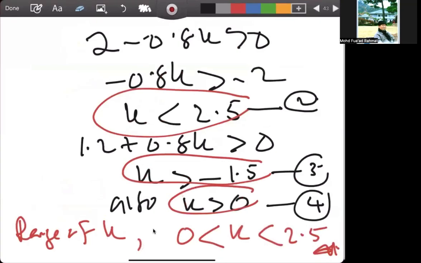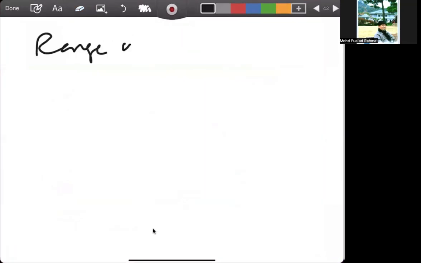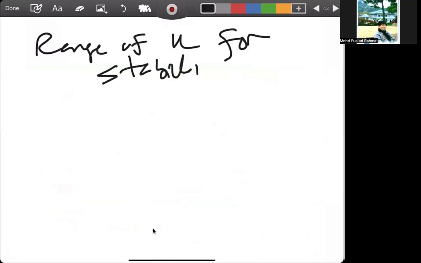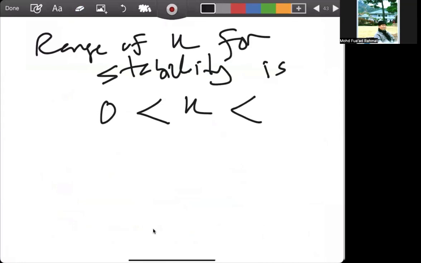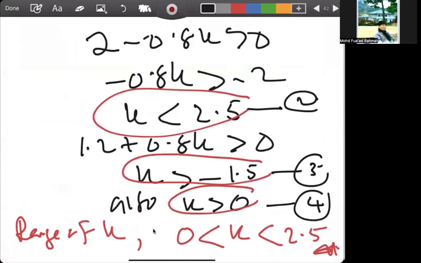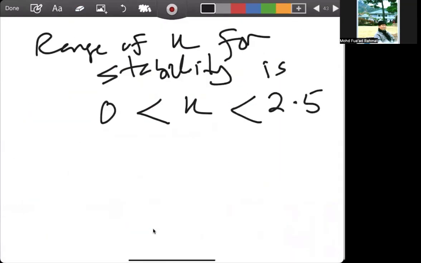So I repeat again, the range of k for stability is, as we derived just now, 0 to 2.5. Okay.